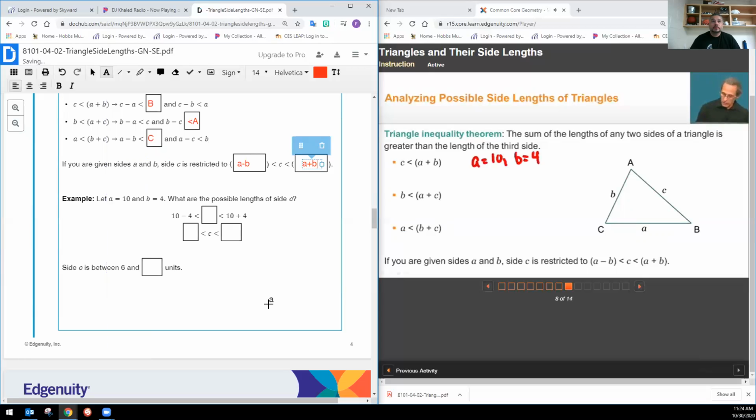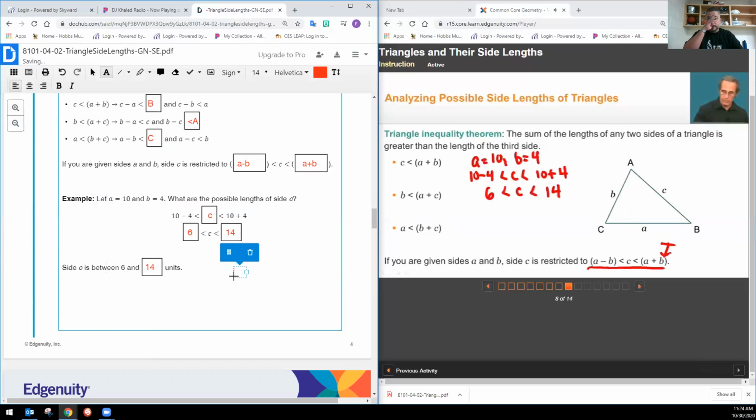So this inequality says that A minus B, or 10 minus 4, must be less than the third side C, which must be less than the sum of the two sides, 10 plus 4. Well, that would be 6 less than C, and C would be less than 14. In other words, side C would be between 6 and 14 units. This is a strict inequality because there is no "or equal to" underneath the symbols.